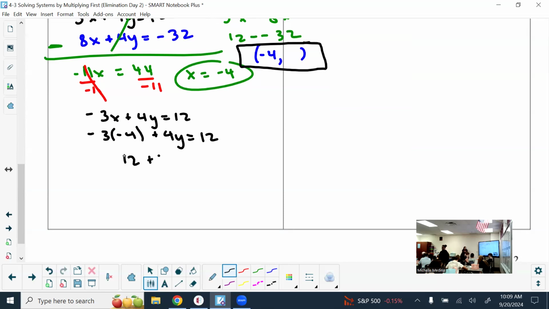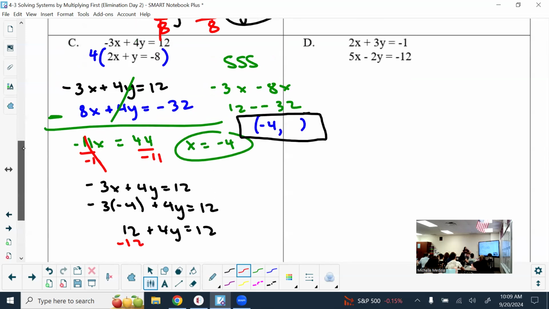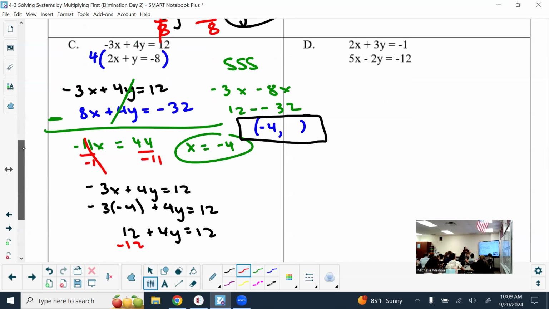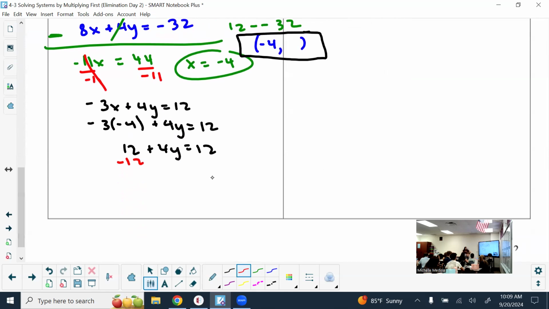Positive 12. Isolate the y. What's harder? How do I cancel it? Subtracting 12.